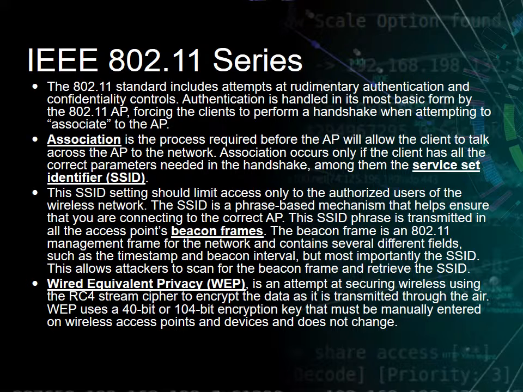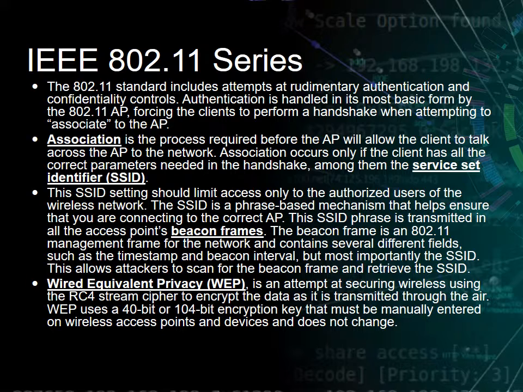As those of you who have home wireless networks know, you can turn it on and off and require somebody to manually type in the SSID in order for them to access your network. This SSID setting should limit access only to the authorized users of the wireless network. The SSID is a phrase-based mechanism that helps ensure that you are connecting to the correct access point.